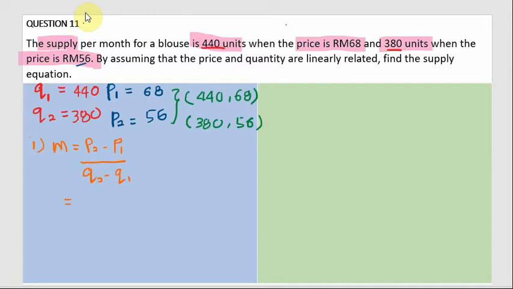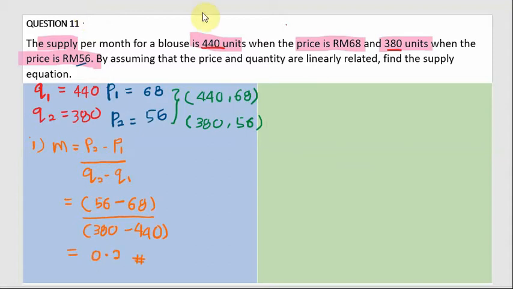Now we have P2 is 56 minus P1 68, divided by Q2 is 380 minus Q1 440. So what is M? M is 0.2.